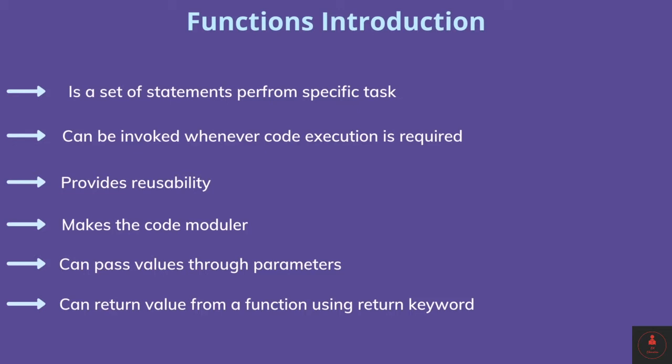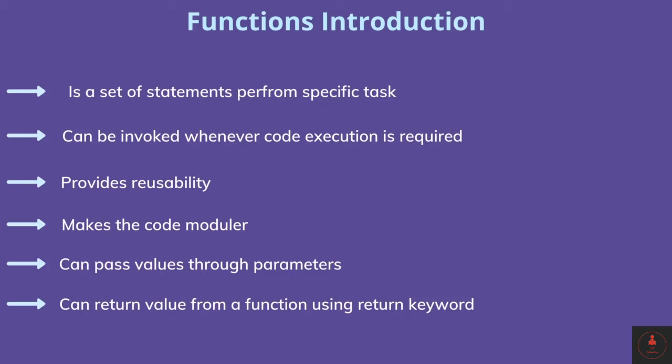For example, if I'm defining a function which adds two numbers, 2 plus 4, it will always give me 6. But if I allow parameters in the function, then every time I call that function, I can pass a different value. So in this case, my function will be more effective and will give me a better result.